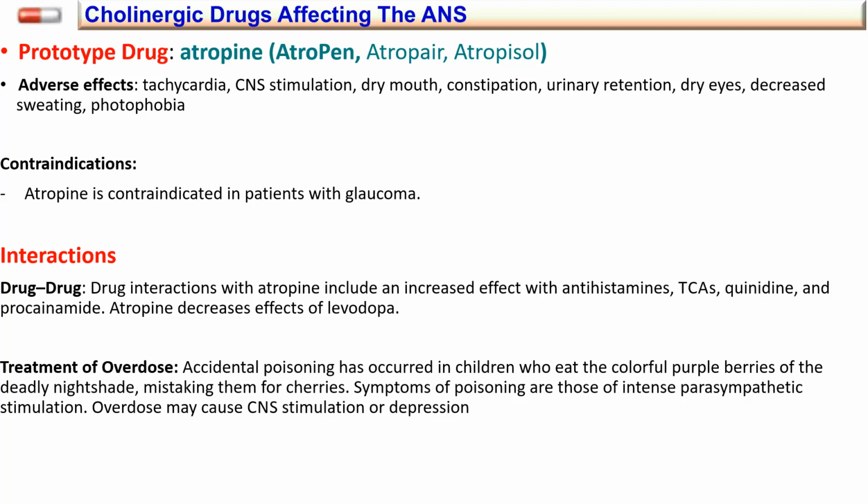That's a contraindication for the use of atropine. Myasthenia gravis is another contraindication. Acute hemorrhage, another contraindication.